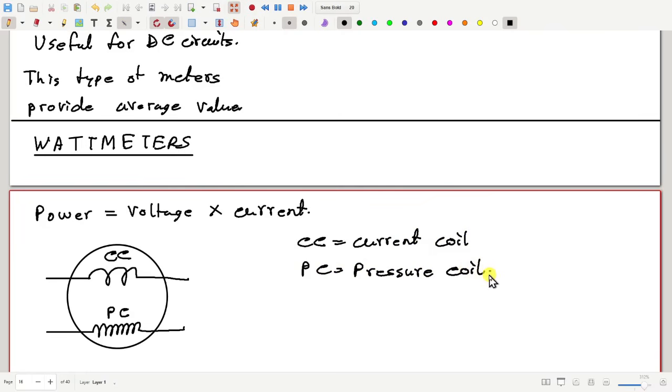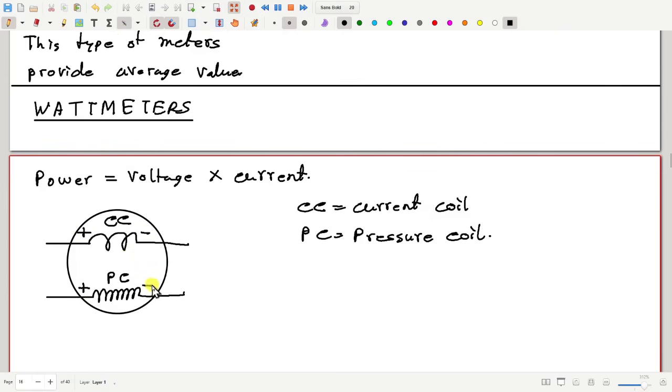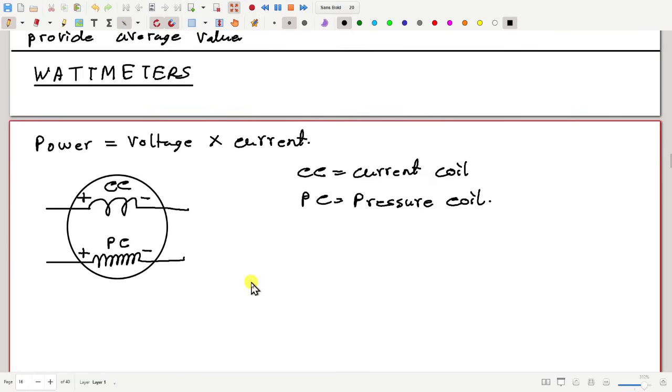Both the coils are direction sensitive, so we should put plus minus and plus minus to indicate the direction. The current coil measures current, so it is similar to an ammeter, and the pressure coil is similar to a voltmeter.